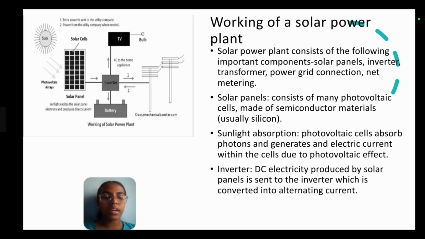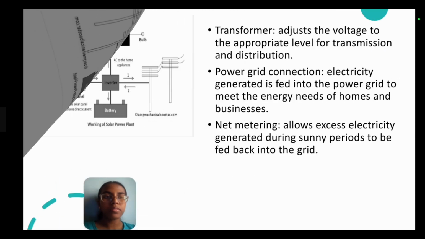The direct current electricity produced by the solar panels is then sent to an inverter. The inverter's primary function is to convert the direct current into alternating current, which is the standard form of electricity used in most homes and businesses.